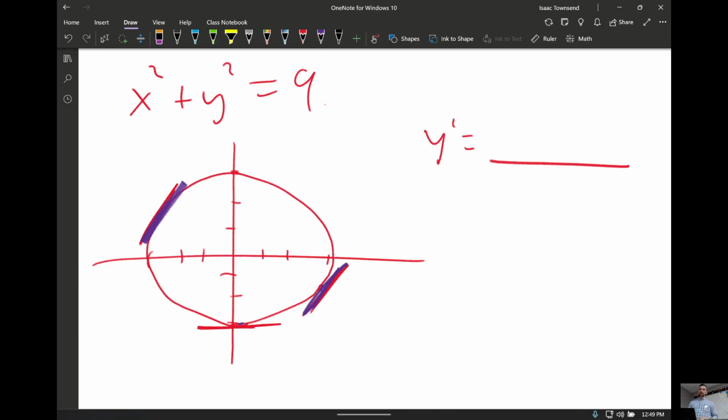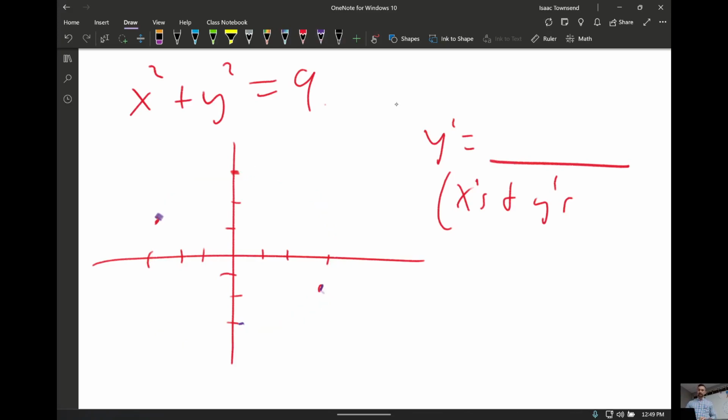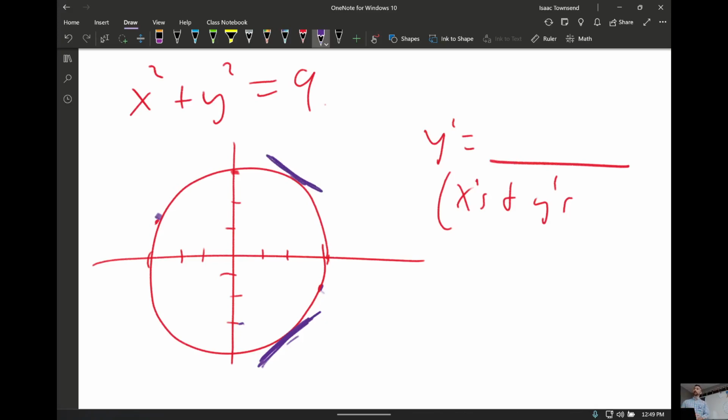Also, along the same lines, I didn't mean to really get into this, but if you were working this question to have the slope of a circle, this is why your derivative probably has x's and y's in it. If your derivative only had x values in it and you plugged in x equals 2, it wouldn't know if you were talking about this slope that's positive something or this slope that's negative something.